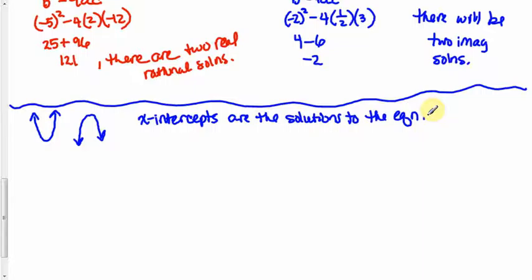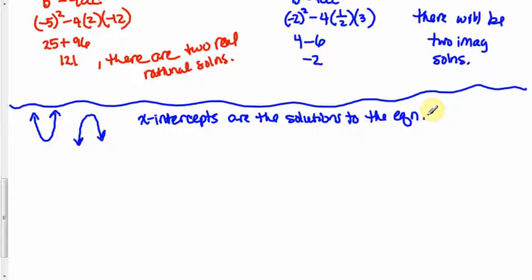I can't see it. Can anybody tell where they're at? Do they look like they're maybe at fractions or decimals? Okay, so I can't see them. It's very tiny for my eyes, but they're real numbers though, aren't they? So that parabola has 2 real rational solutions, okay?